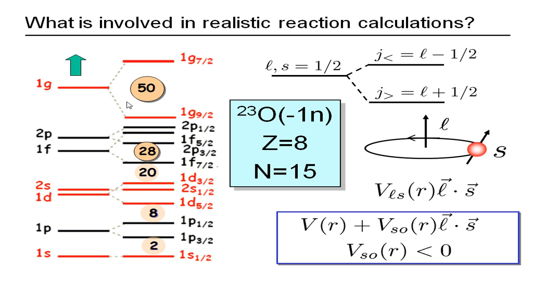I've got a filled D5 halves, so the spectroscopic factor for taking a nucleon out of D5 halves is 2J plus 1, where J is 5 halves, which is 6. So we need that ingredient. 6 nucleons can be removed from here, and 1 can be removed from there, and if I remove a nucleon, I'm likely to pick up combinations of both of those. So in a moment, we'll need to know those.